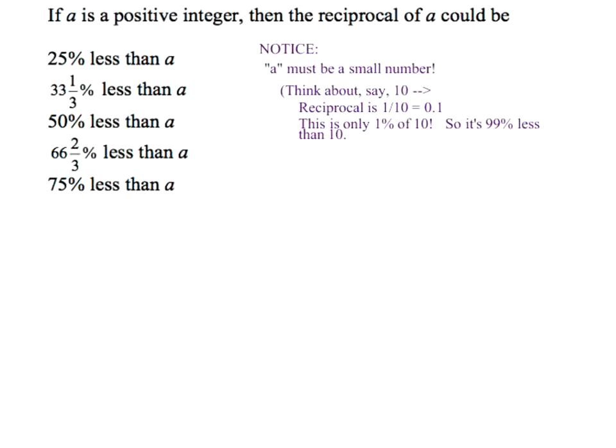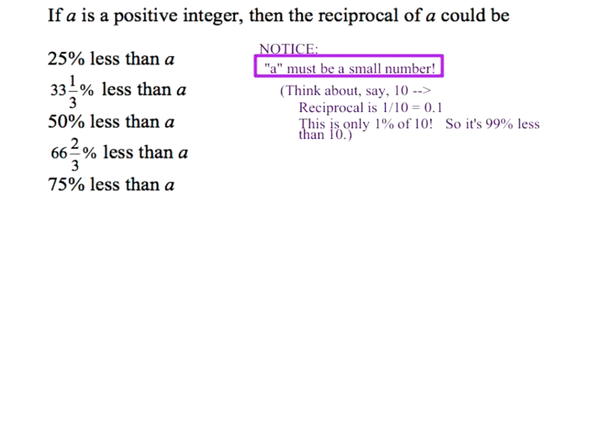The point is that with small enough numbers it's going to work, but with big enough numbers it just clearly won't. Even a number as big as 10, the reciprocal is so tiny that it's going to be a lot more or less than these things are. It's 99 versus these percentages. So we just need to try small numbers for A. It's not 1 because the reciprocal of 1 is still 1.